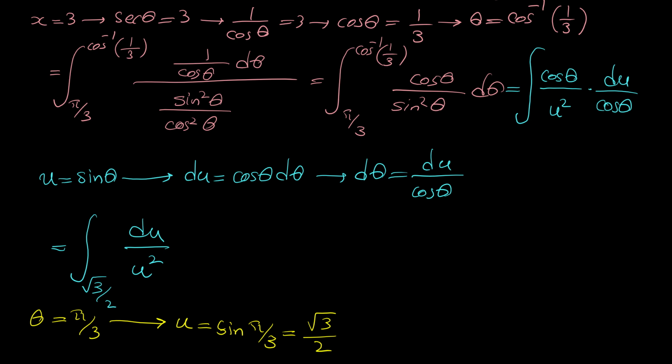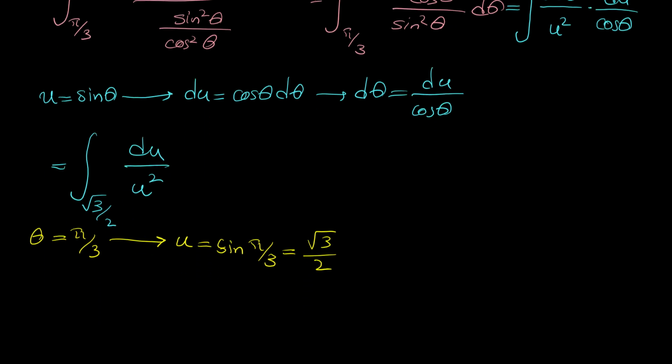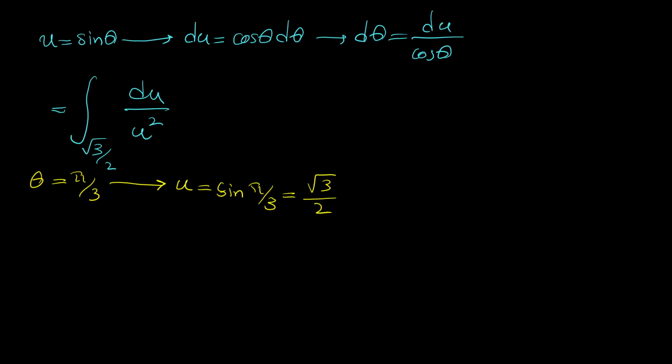But what about the upper bound of the integral? The problem here is that the upper bound is not a simple angle. It's cosine inverse of 1/3. And we want to find sine of cosine inverse of 1/3. So let me show you how we can find sine of cosine inverse of 1/3. So theta is cosine inverse of 1/3.